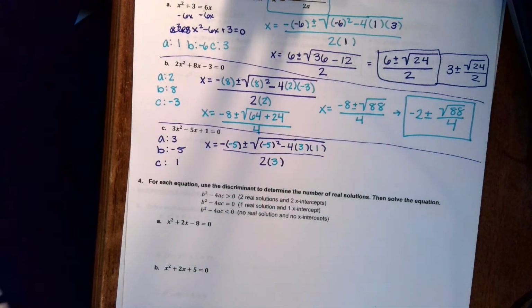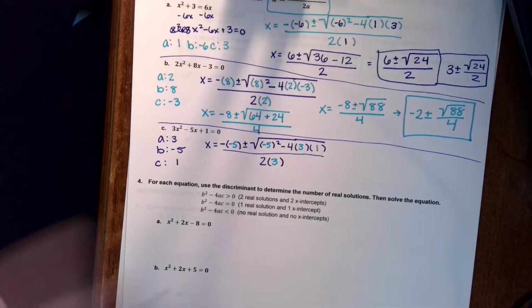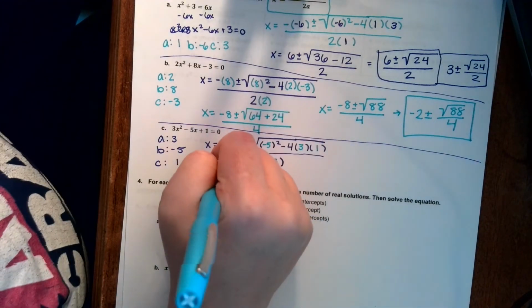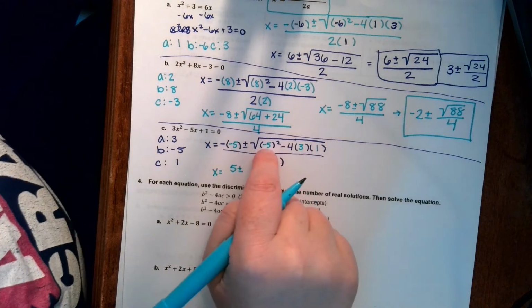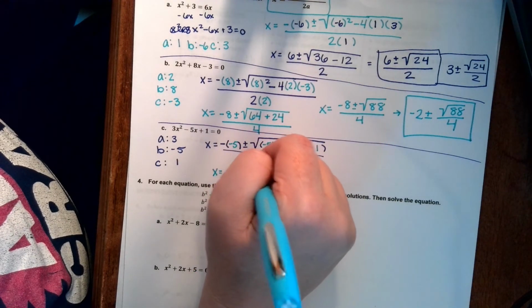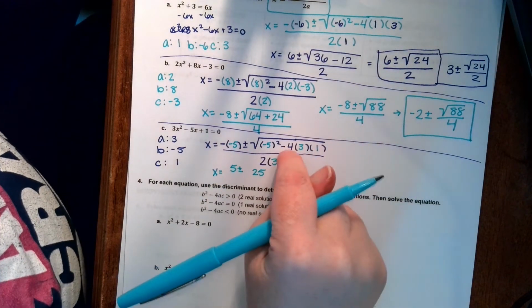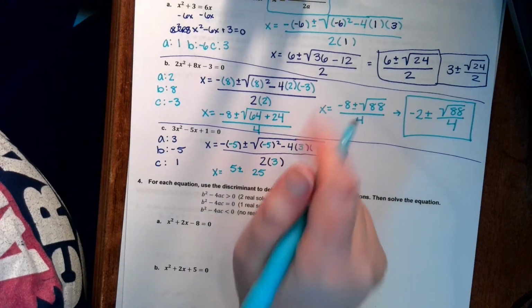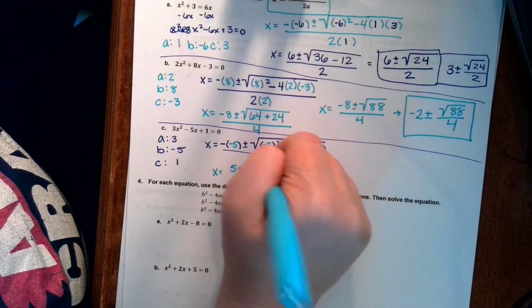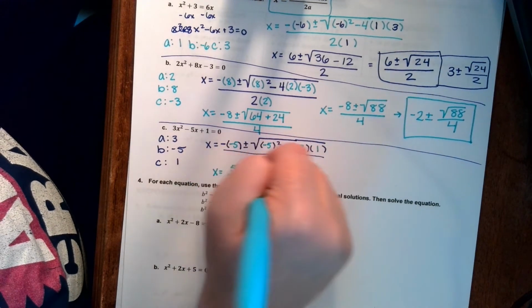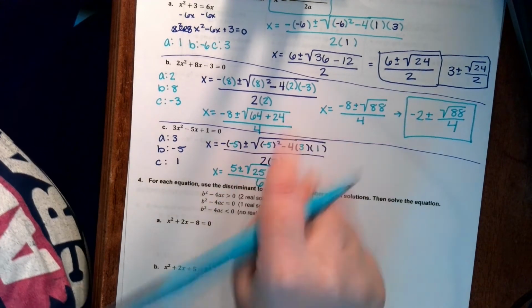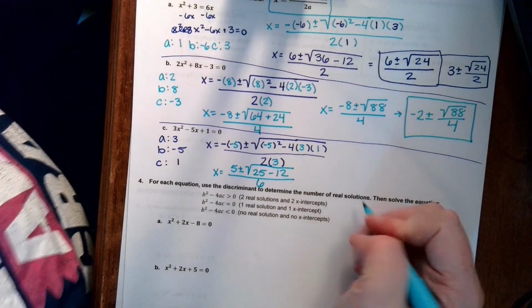Alright. And then we start simplifying. So negative negative 5 is positive 5. Negative 5 squared is 25. 4 times 3 is 12, times 1 is 12, and it should be negative. And all of that is over 2 times 3 is 6.